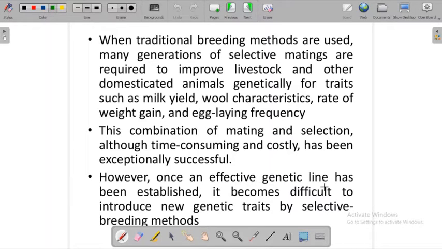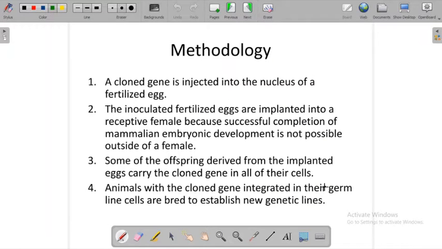But if you want to introduce a specifically new gene which has a good trait, or even if we want to delete lethal genes or disease producing or disorder producing genes, then of course the selective breeding method was not enough to give us a result. So for that purpose we were using genetic engineering.